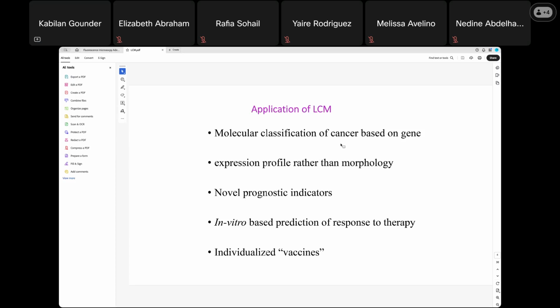The application is that we can do molecular classification of cancer cells based on gene expression.